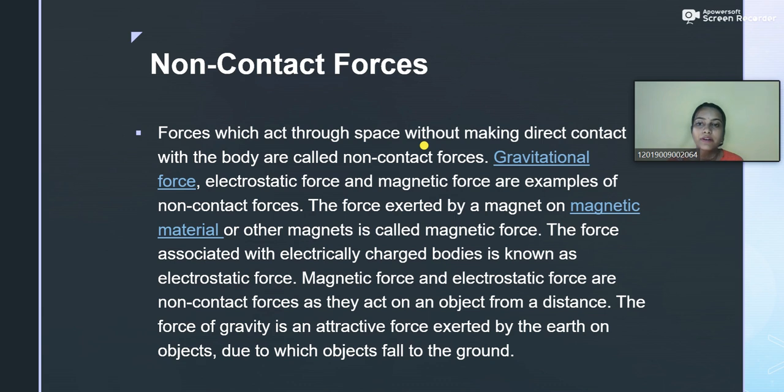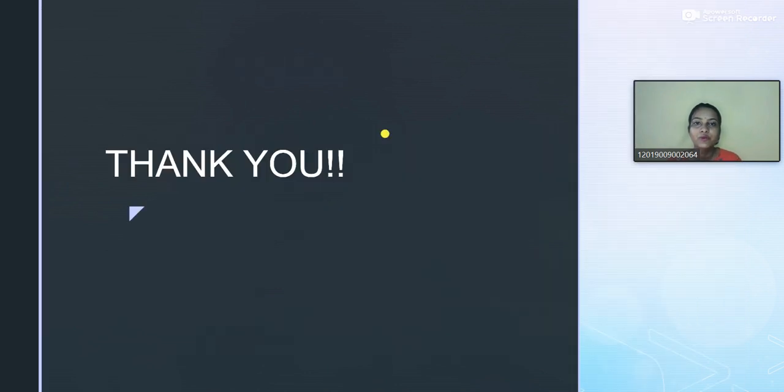The force of gravity is an attractive force exerted by the earth on objects due to which objects fall to the ground. So when we throw a ball upwards, after some time it will fall to the ground. This is due to the gravitational force present on the earth. But in space, if we throw a ball upwards, the ball will not return because there is no gravitational force in space. So this is all about the two types of forces, the contact forces and the non-contact forces. So that is all about force. Thank you so much.